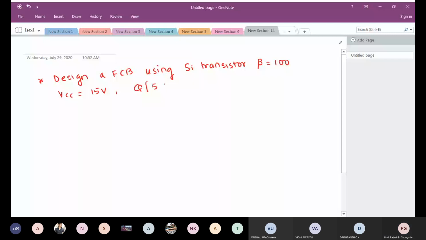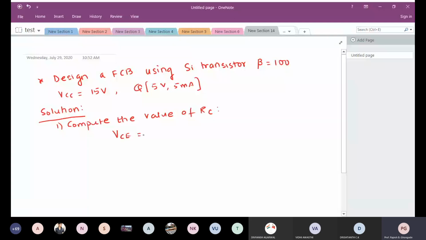All right. Now let us solve this. Step 1 is to compute the value of RC. We now know VCE is equal to VCC minus ICRC.